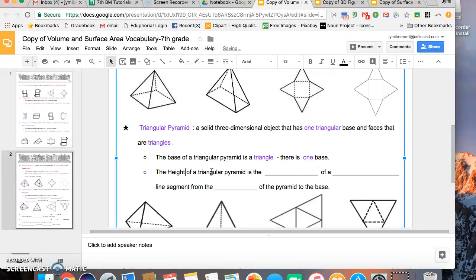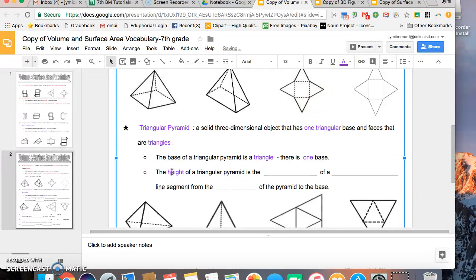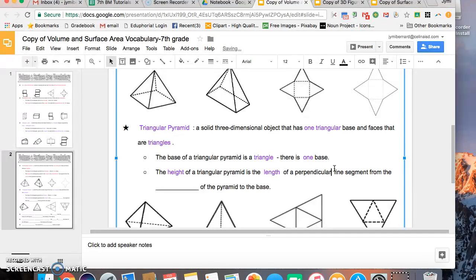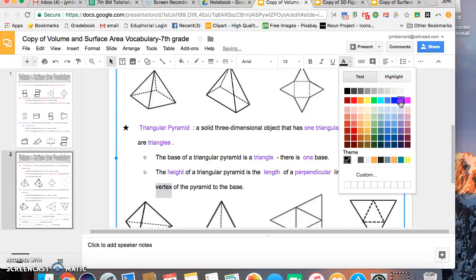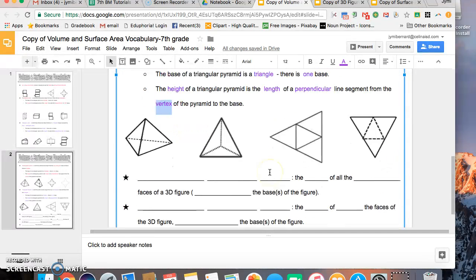The height of a triangular pyramid is the length of the perpendicular line segment from the vertex of the pyramid to the base, just like it was for the rectangular pyramid. So here's the vertex down to the base, vertex down to the base. Go ahead and shade that.